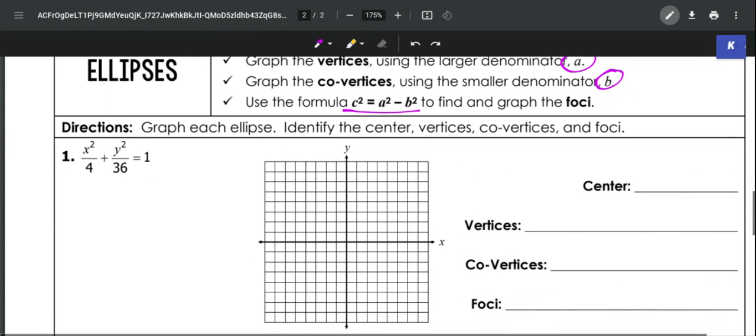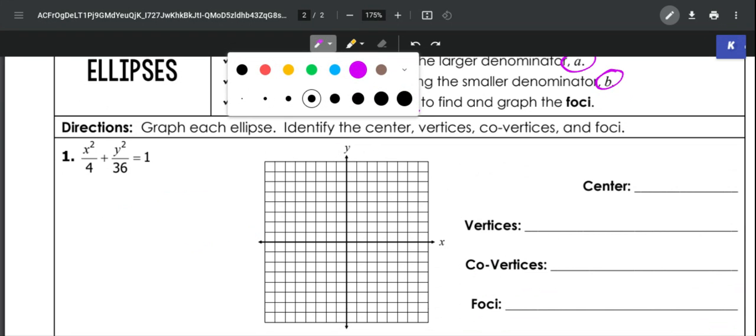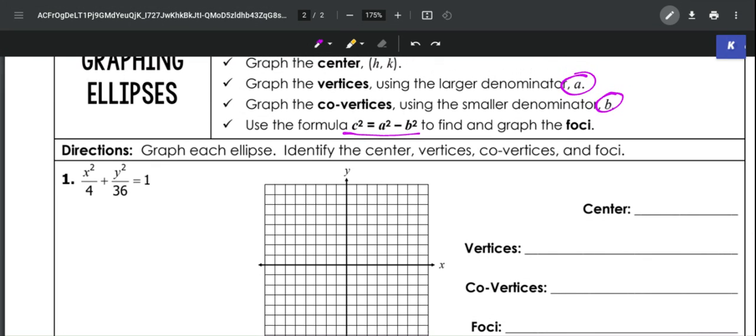So it should look kind of like that. It should be longer horizontally than vertically. And if your larger denominator is under y, like in number 1, that means we should have an ellipse that looks kind of like this. It should be longer vertically than it is horizontally. So those are just some tricks to note.